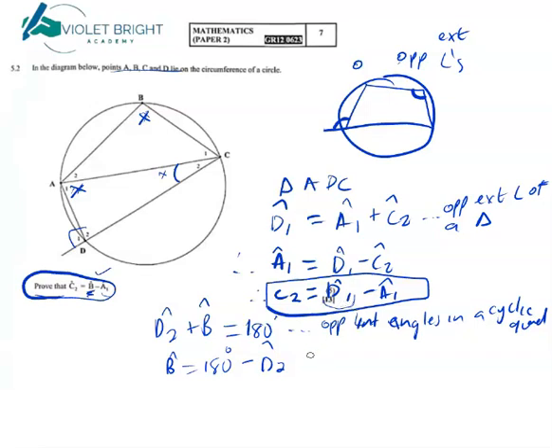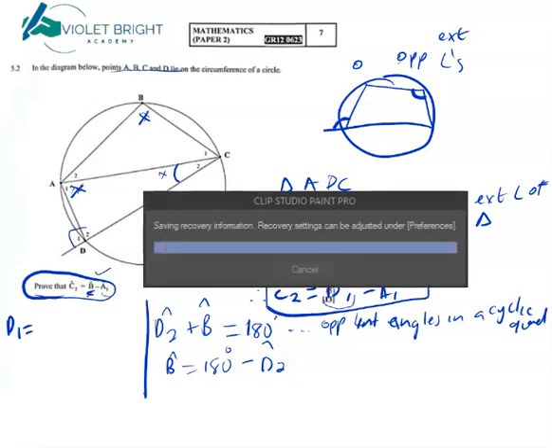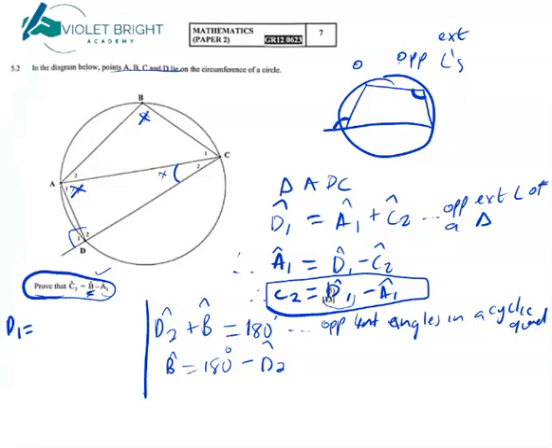So we know that d1 in terms of b, d1 equals 180. Let me just do this first. Let me erase and do it step by step. d1 plus d2 equals 180 because of the sum of angles on a straight line.